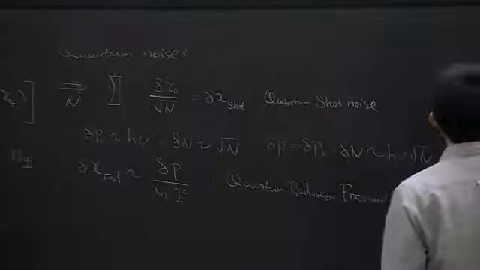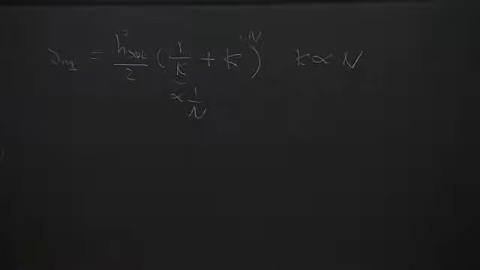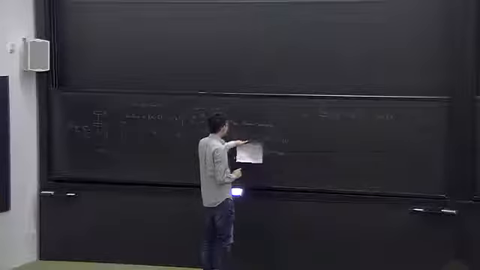The important thing is that the k here is proportional to n. So this piece is proportional to n, and this piece is proportional to 1 over n. The piece proportional to n is the radiation pressure noise, because this spectral density is the noise squared, right? So the noise amplitude is proportional to square root n, and the power is proportional to n. So this is radiation pressure. And the piece that's proportional to 1 over n is the shot noise.